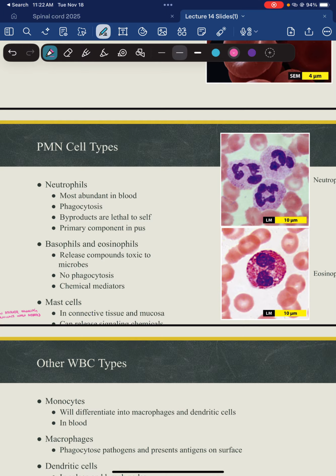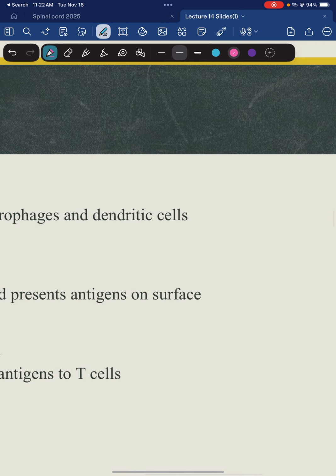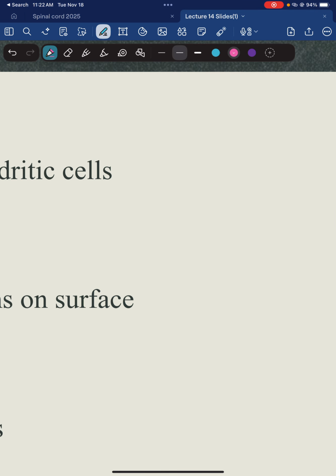A couple of other types. We'll actually start at the bottom here. Macrophages and dendritic cells. So these are the macrophages, little Pac-Man cells. They're the ones that go around and really eat a bunch of other cells, including dead neutrophils. So as neutrophils do their job and they die, macrophages will scoop up all those toxic byproducts so they don't damage our tissue and then transport them away.